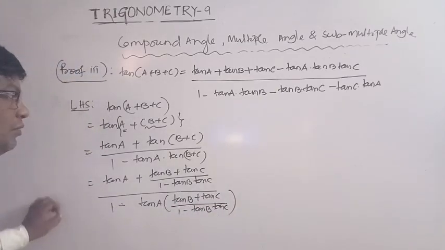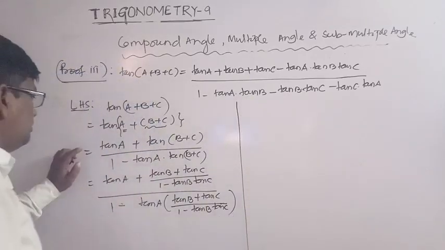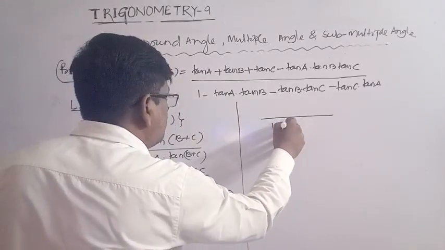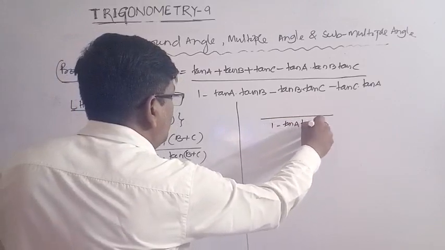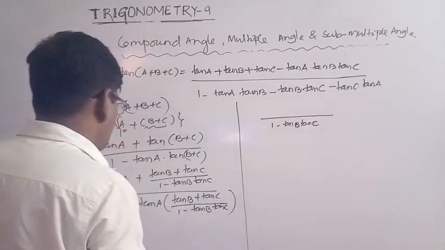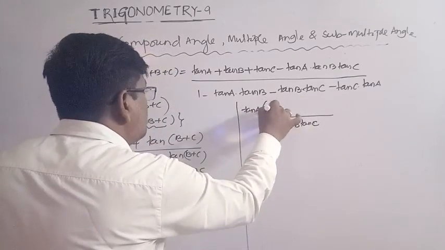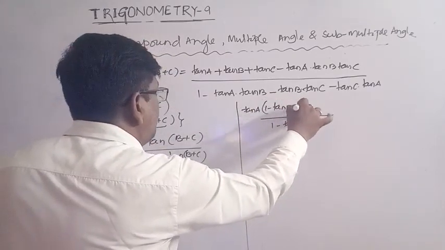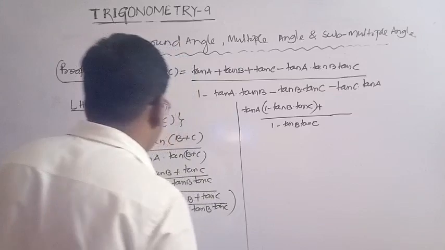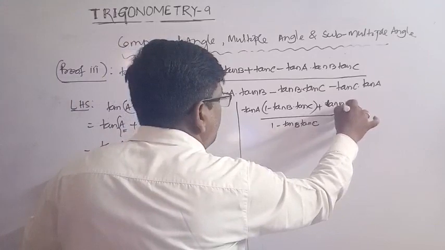Okay, so here that is what? Tan a, LCM 1 minus tan b into tan c. So tan a into 1 minus tan b into tan c plus tan b plus tan c.